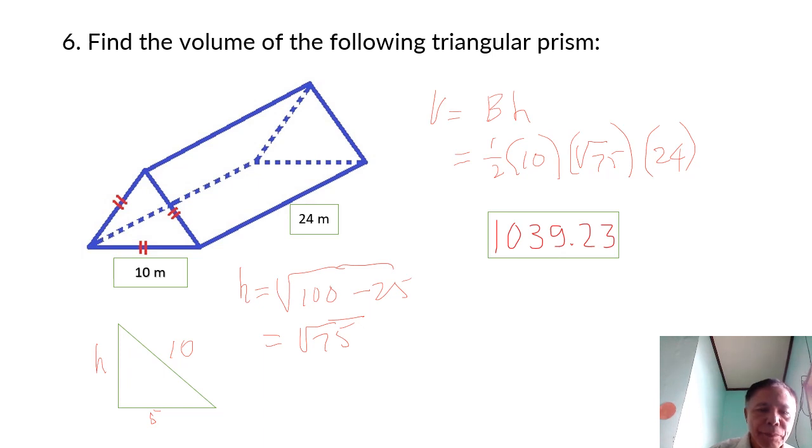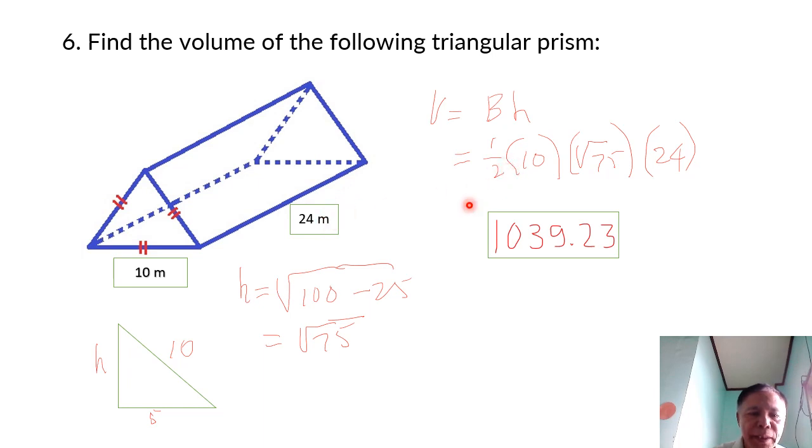This base refers to the area of this triangle, so 1/2 times 10, and the height would be the one we solved, the square root of 75. The length would be 24 meters.